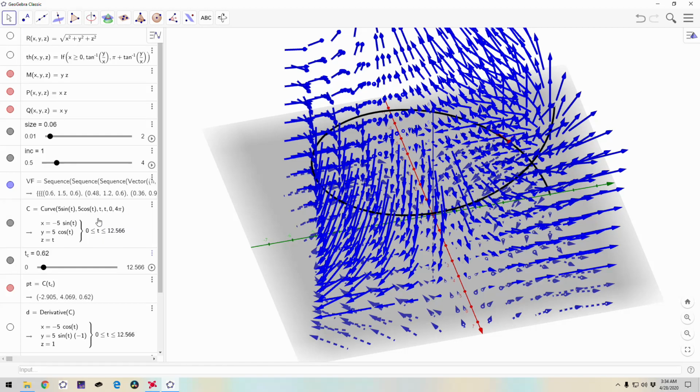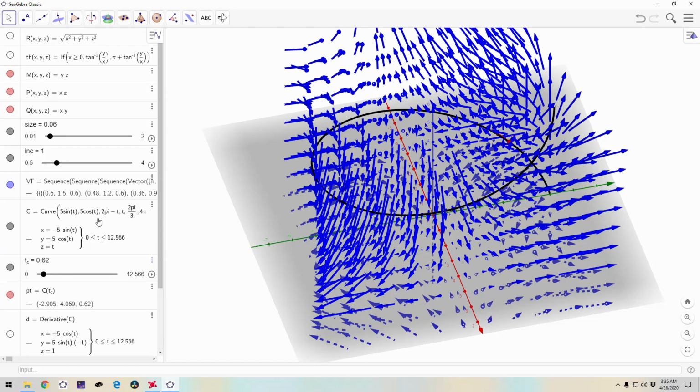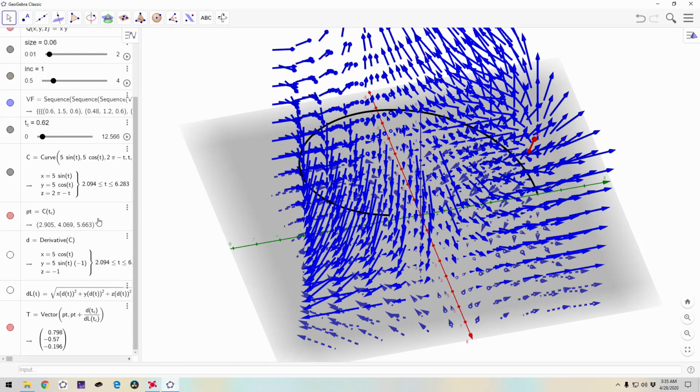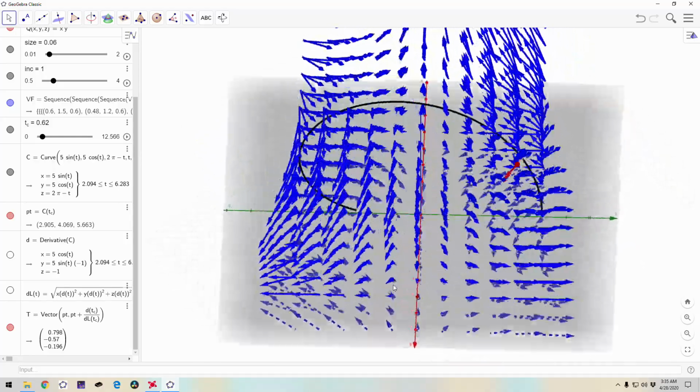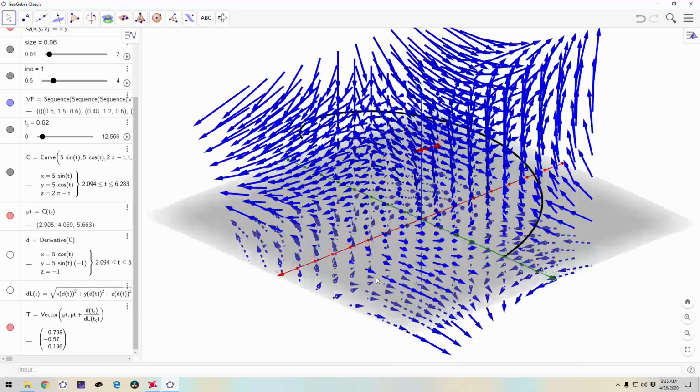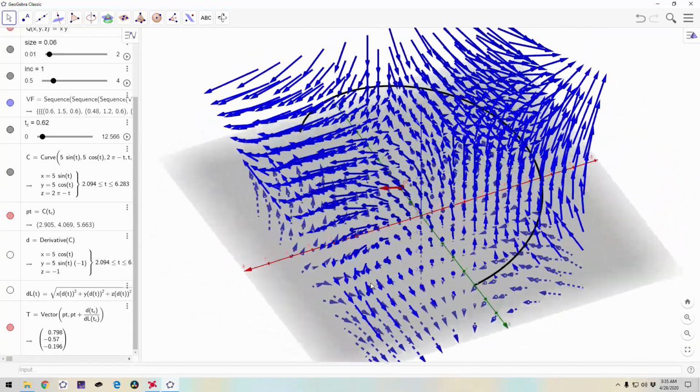We had a positive on the 5, and then with the t there we had 2 pi minus, and then the t went from 2 pi over 3 to 2 pi. Okay. So what you need to notice is that the curve is the same there, right? It hasn't changed at all.